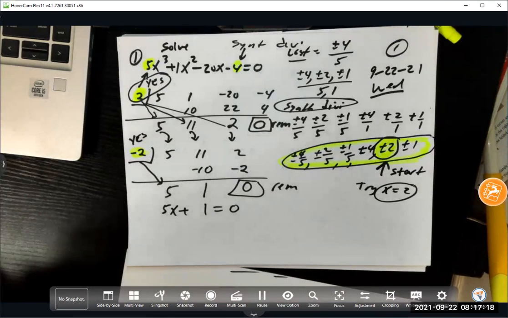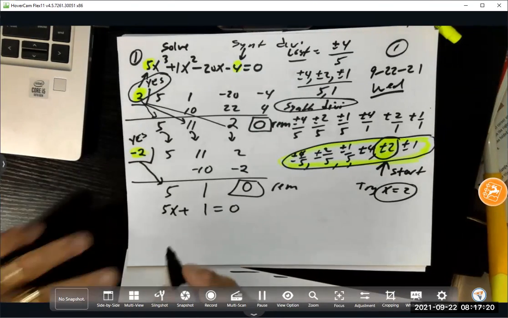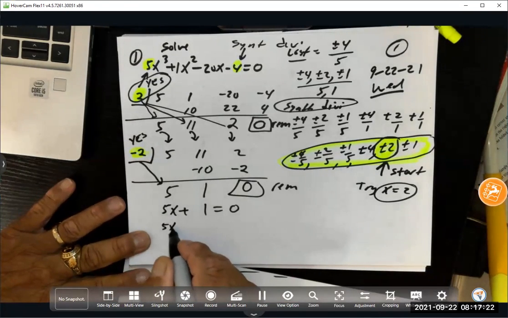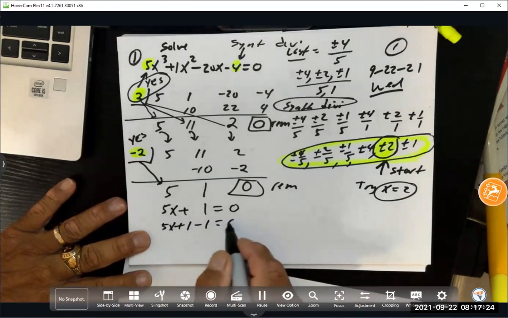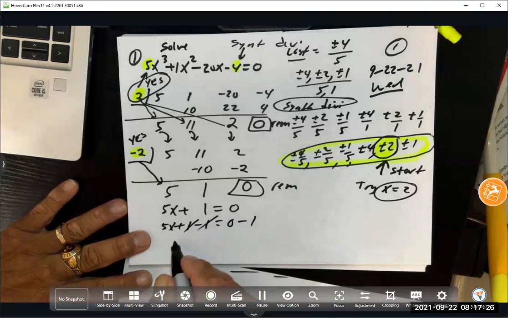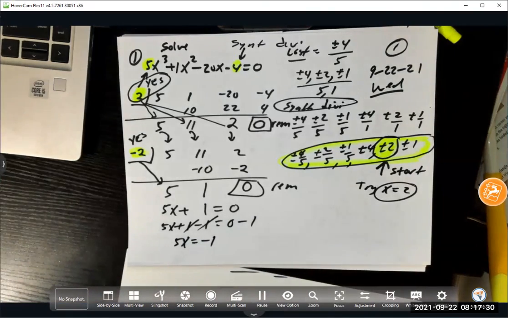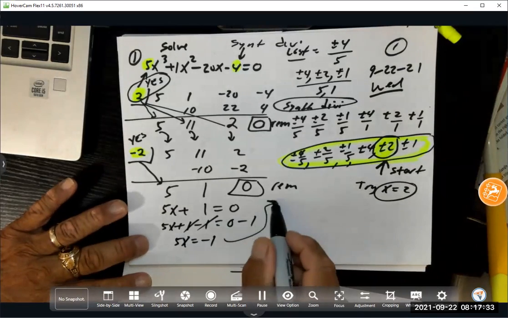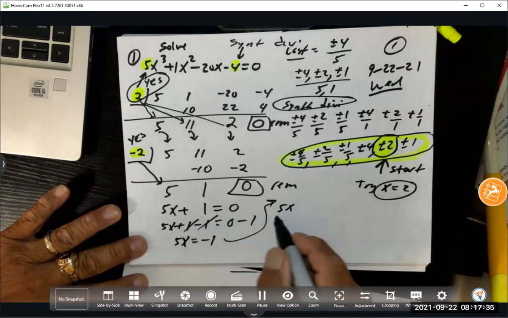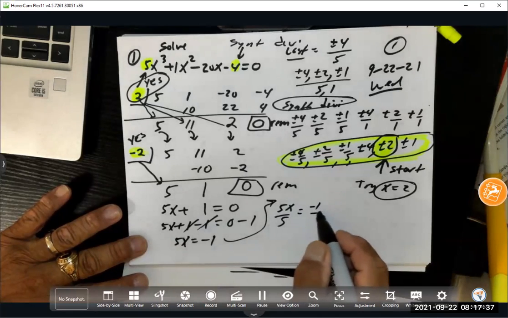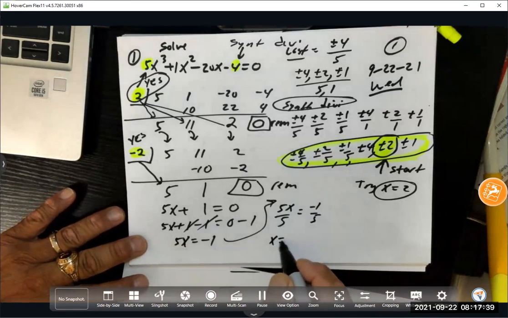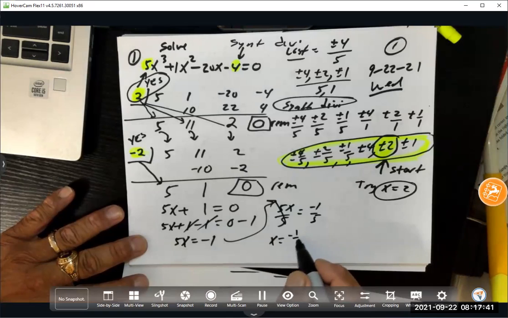Can I just subtract something from both sides? Okay. Can I just go minus 1, yes or no? Yes. So I have 5x equals negative 1, and then what? Divide by 5, this one by 5 and this one by 5. So x is, boom, negative 1 over 5.